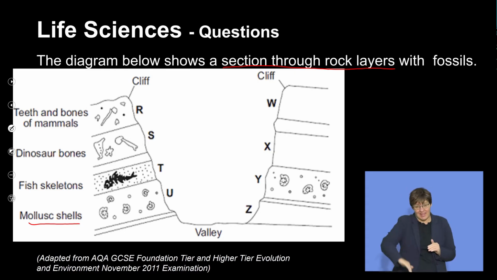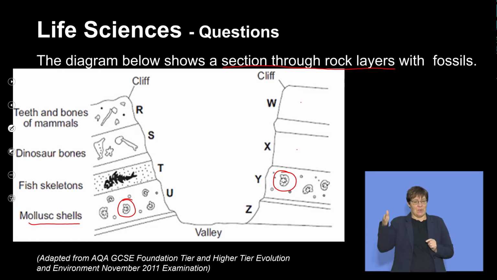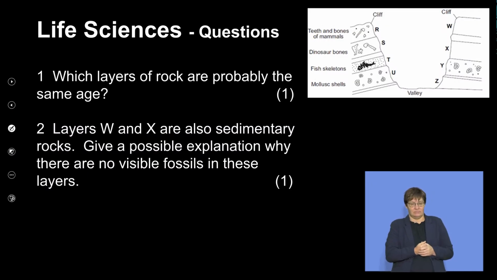One thing you can pick up straight away is that if you look at those common fossils, which are index fossils, remember, you find them in the same layer on the opposite side of the valley. These ones, no fossils. We don't know why. Let's have a look at the questions.